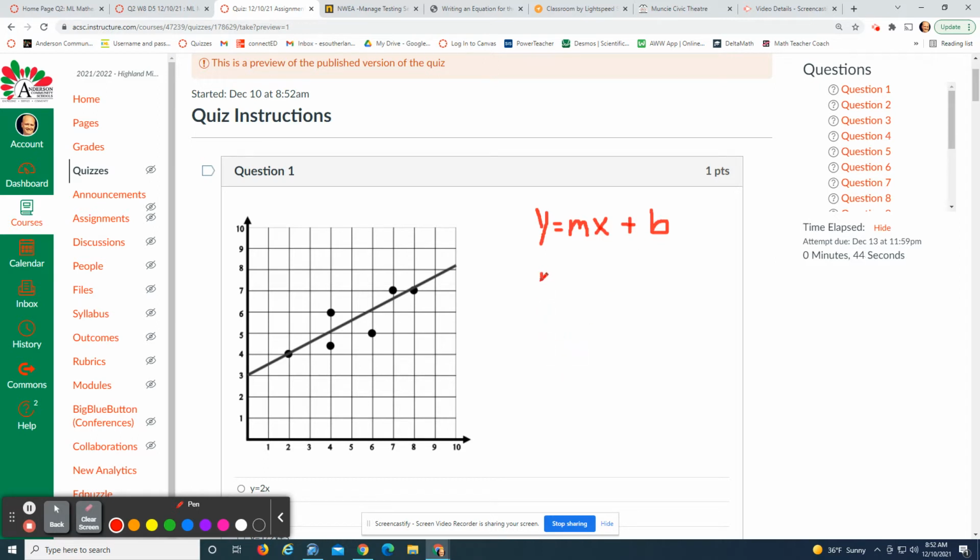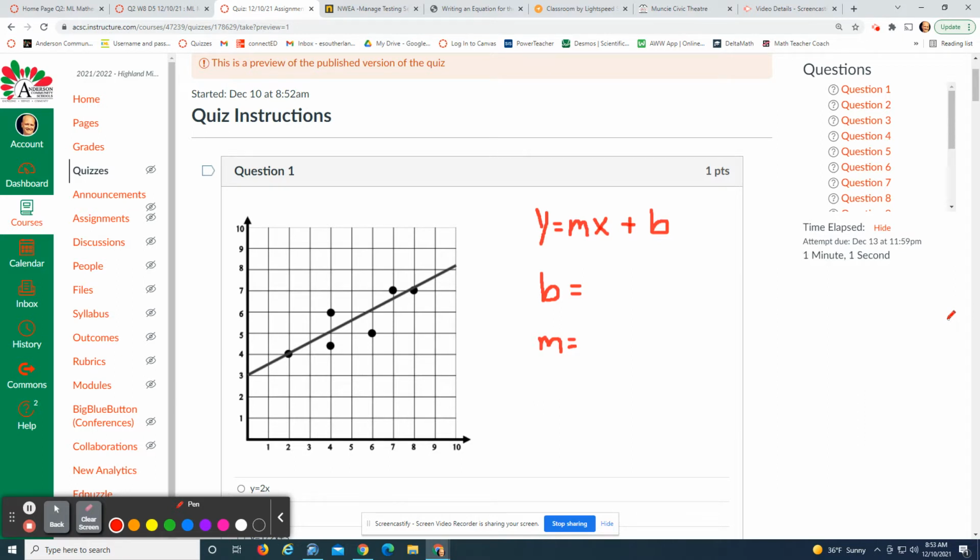We need to know what b equals, and we need to know what m equals. B stands for the y-intercept.